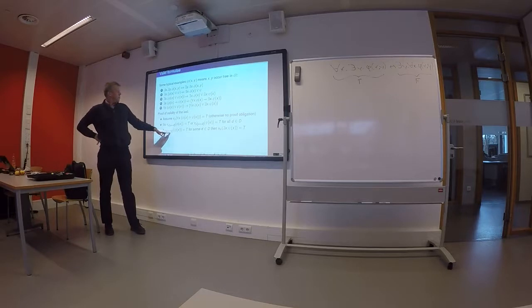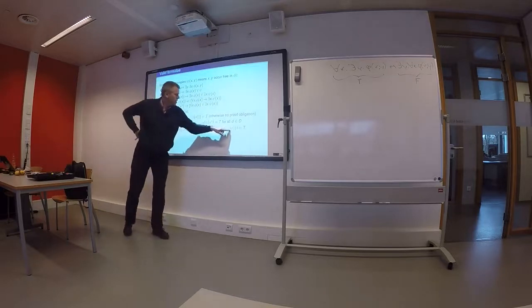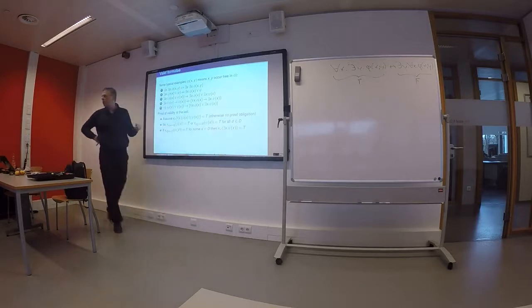If I can find a value for x such that psi of x is true, that's exactly the same as saying that the formula exists x such that psi of x is true under the unmodified substitution.